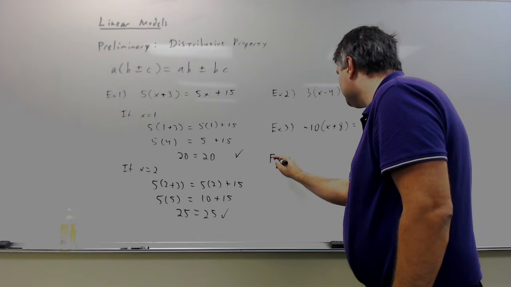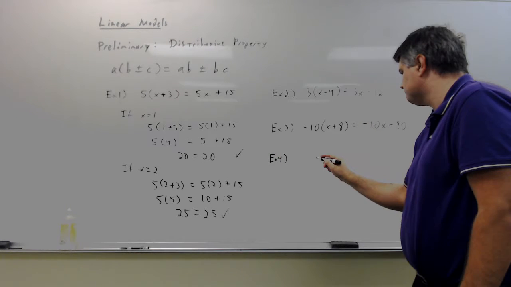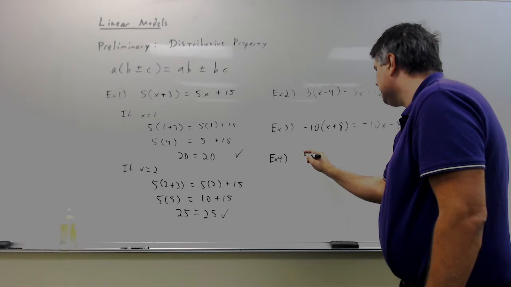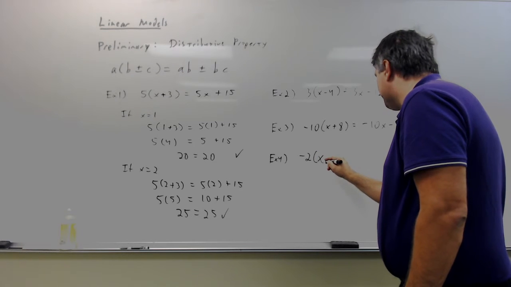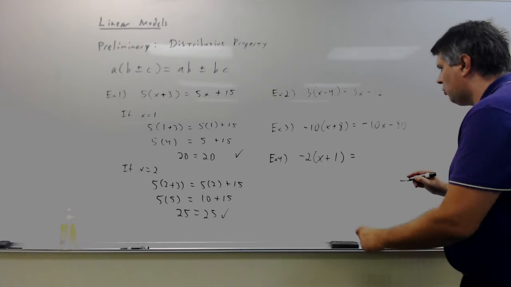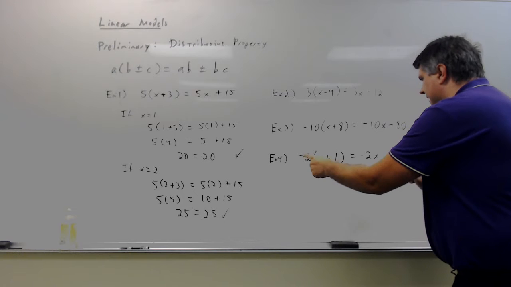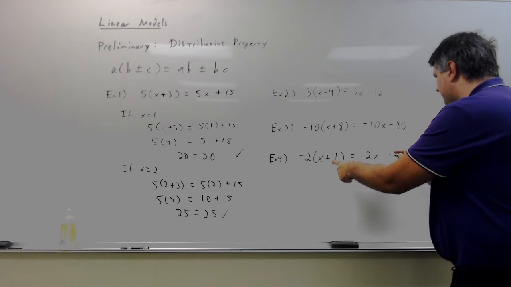Example 4. Negative 2 times x plus 1 would be negative 2 times x, and negative 2 times 1 is going to be minus 2.